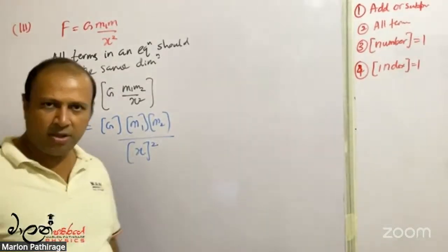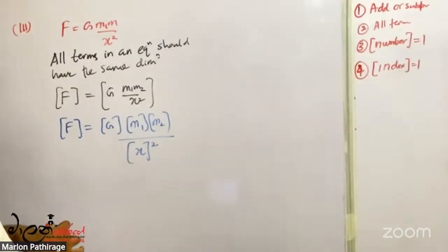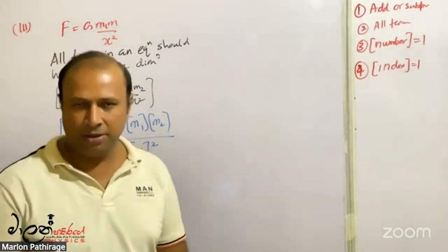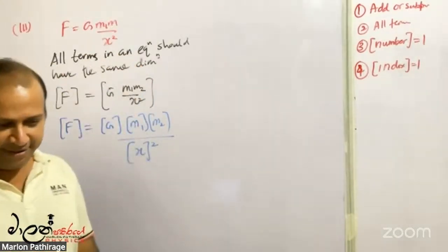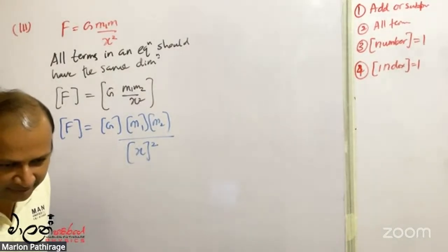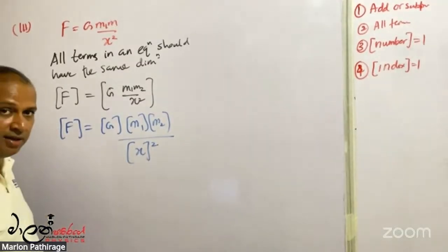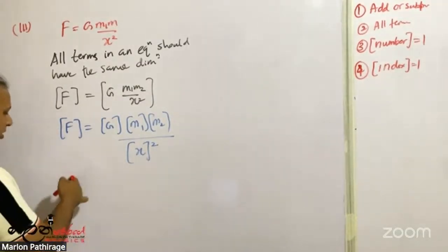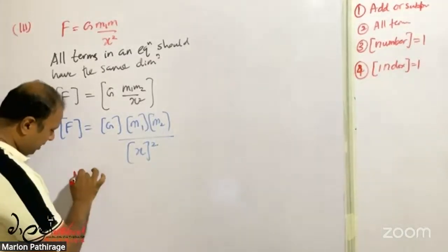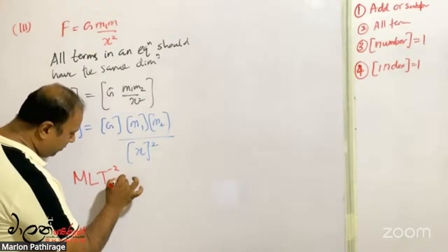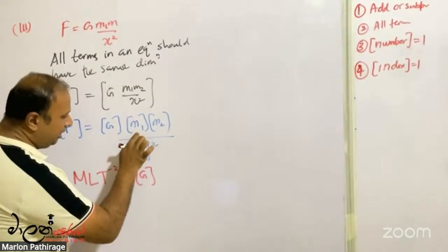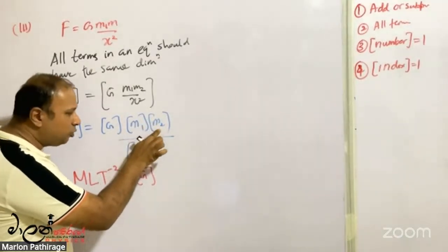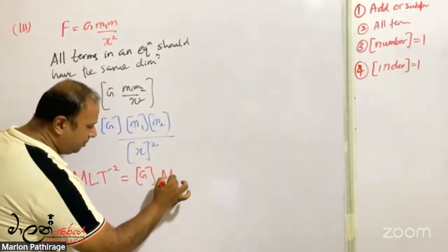Now this is a dimension formula. Now you can apply the dimension of each physical quantity. Dimension of force is equal to M L T minus 2. Here the dimension of G. Here M means mass. This one is also mass. Mass into mass, M squared.